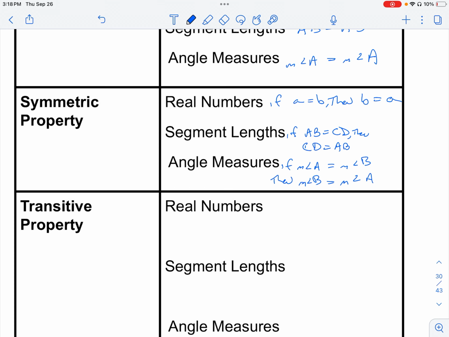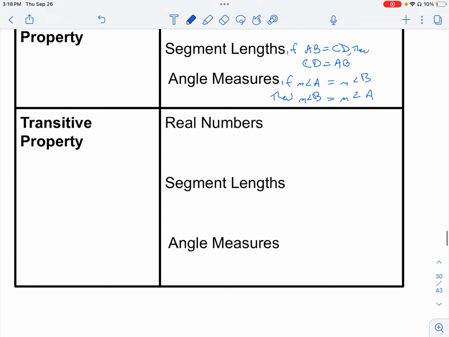Same rules apply. So the transitive property, which of course is our favorite: if A equals B and B equals C, then real number A equals real number C. So in segment lengths, same thing.